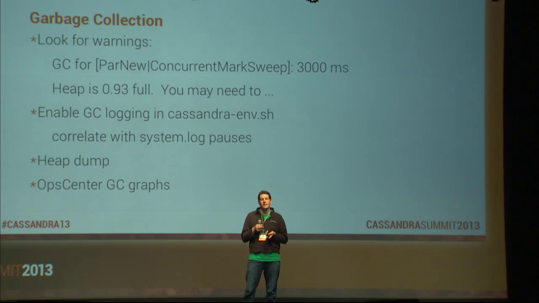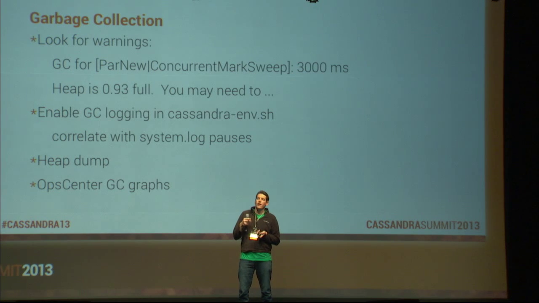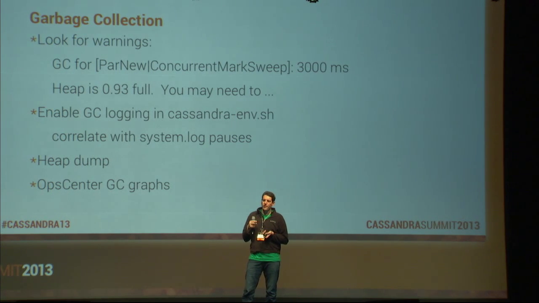Some of the things you can do about that: you can enable the GC logging in cassandra-env.sh, and you can correlate the GC logs with the system logs where you've experienced long pauses, so you can get a lot more detail about what the garbage collector is really having to do. For instance, if you're having to traverse a lot of tombstones, it might have certain characteristics in the GC log.